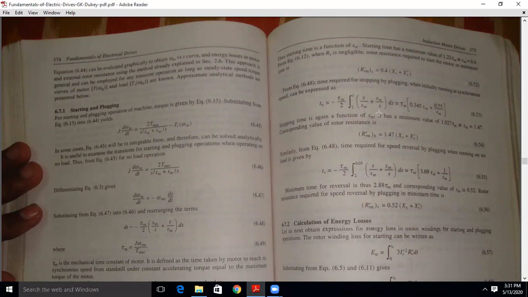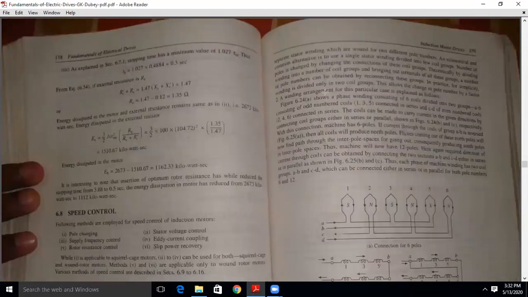It has a minimum value of 1.027 τm at Sm is equal to 1.47. So this is the corresponding value of rotor resistance at Sm is equal to 1.47.